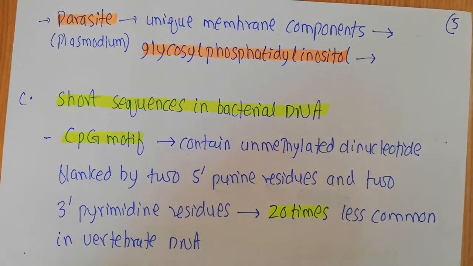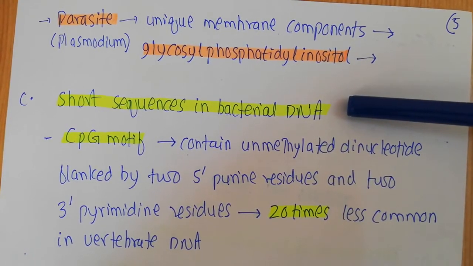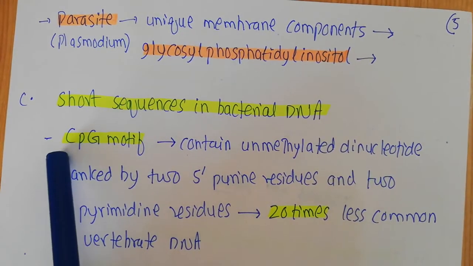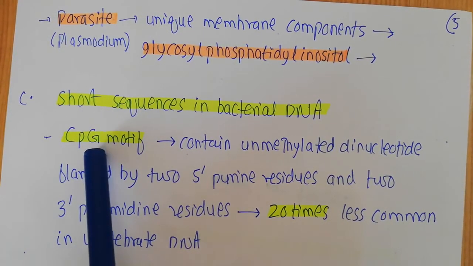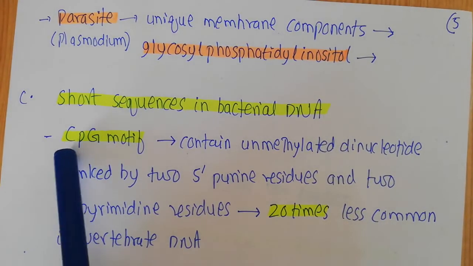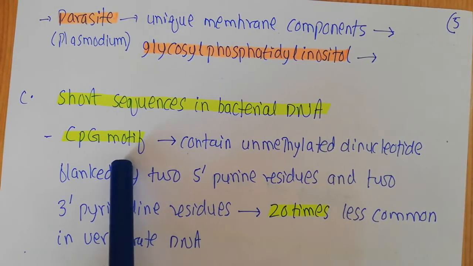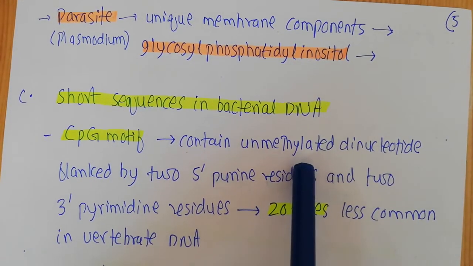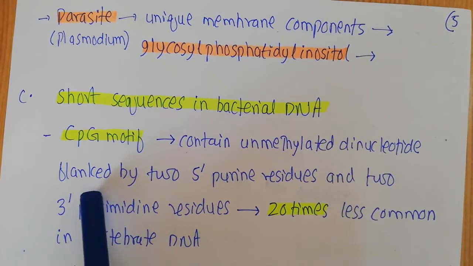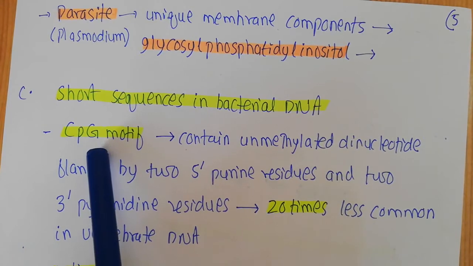Another important thing in the bacteria: there are short sequences in the bacterial DNA which are known as the CpG motif. This is the cytosine, this is the guanine, and they are connected to each other by this phosphate group. So this is known as the CpG motif. Now, the special thing about this CpG motif is that it contains unmethylated dinucleotides. These C and this G, of course, are the dinucleotide.